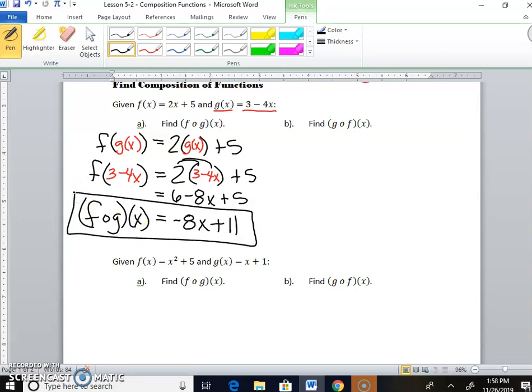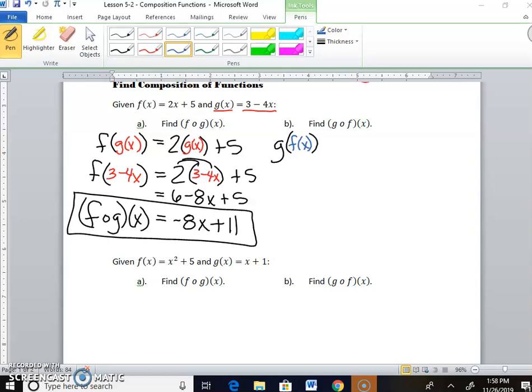Now, on the flip side, we've got a different way to write this, g open circle f of x. For this one, g open circle f of x means g of f of x. So this is backwards of our other one. This means that I'm going to take my f function and plug that into my g function.